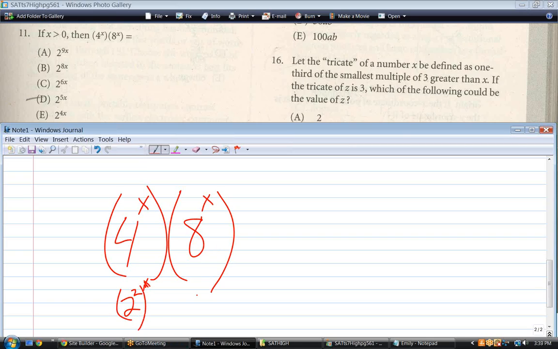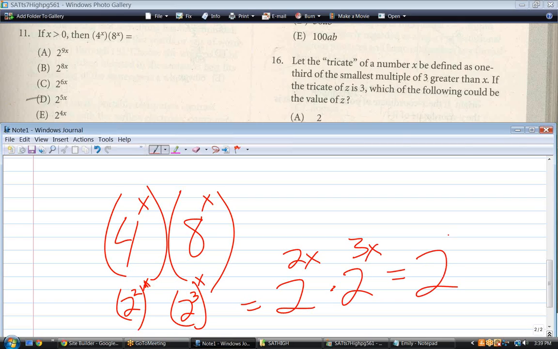Okay. I'm going to write 8 as 2 cubed, and I'm going to take it to the x power. Now we have 2 to the 2x times 2 to the 3x equals 2 to the 5x. Add the exponents.